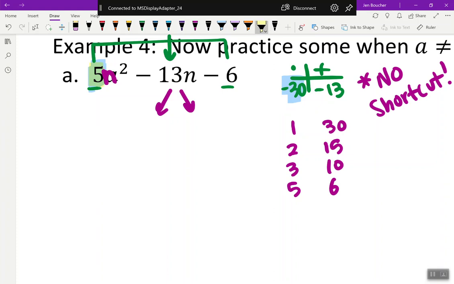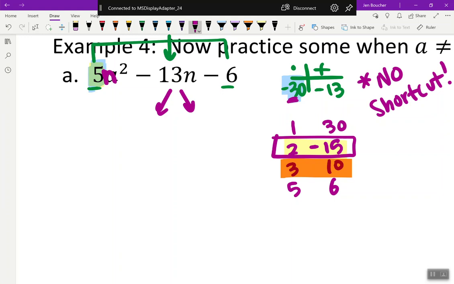All right, which 2 of those would add or subtract to 13? Now you've got 2 numbers that are really close. It can't be both of them. Which one is it? 2 and 15. Because of the negatives, which one would have to be negative? The 15. If I multiply them, do I get a negative 30? Yes. If I add them, do I get a negative 13? Yes. Can I take the shortcut?